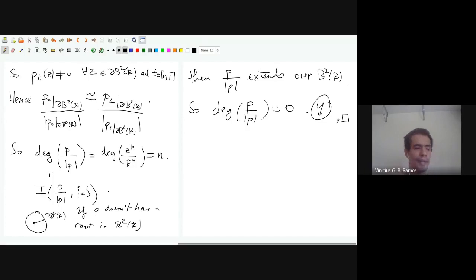All right, any questions about this? Maybe you've seen this theorem before. You've probably seen a proof of it that's similar to this. You can do that with integration too, something similar with de Rham cohomology. But anyway, I think this is a nice little application of degree theory.